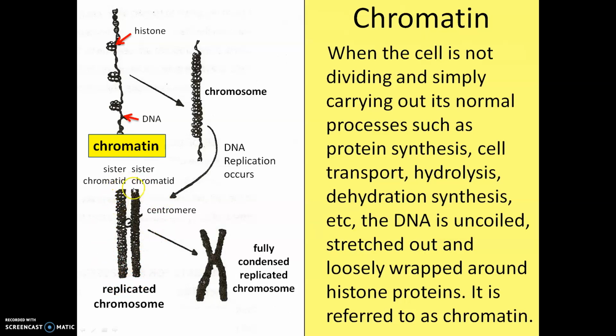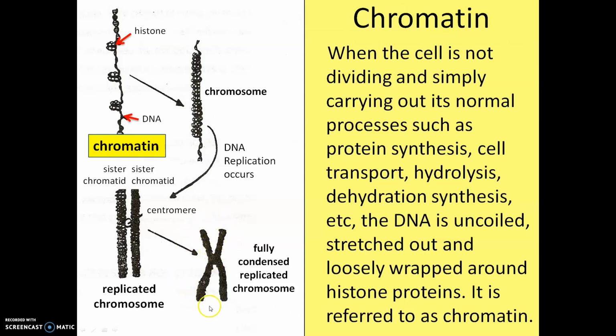Now, we want to keep these two identical copies together for organizational purposes. So there is a protein that we're going to stick right here, and that will stick these two sides together. As you see it here, it looks like an X, but in reality, this center portion is a protein that is sticking the two identical sides together.